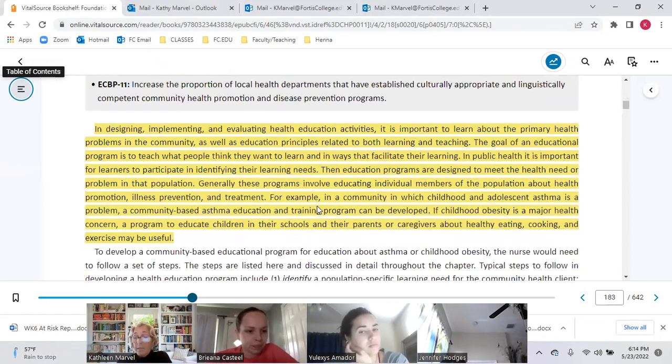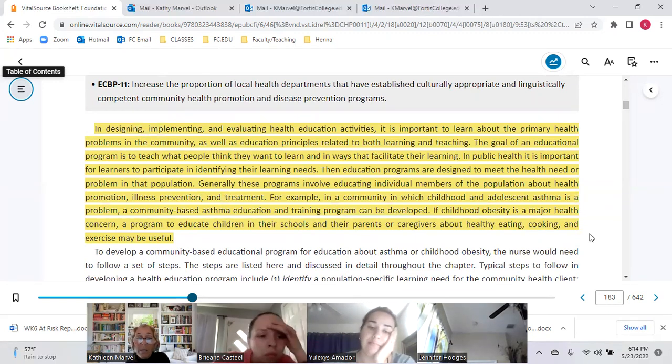So I want to read this. This gives us a summary of the whole chapter. So in designing, implementing, and evaluating health education activities, it's important to learn about primary health problems in the community, as well as the education principles related to both learning and teaching. The goal of an educational program is to teach what people think they want to learn in ways that facilitate their learning. Remember, everybody learns differently. Every one of you in this group learns differently.